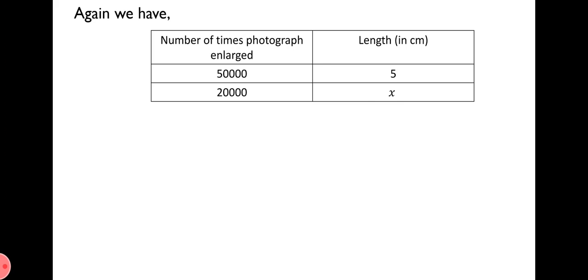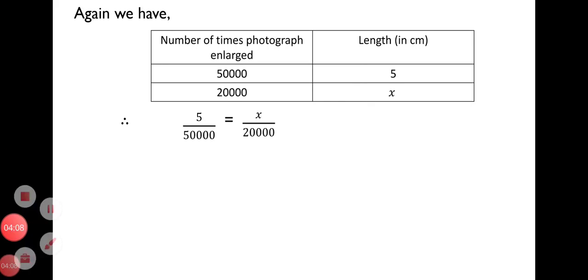When the photograph is enlarged 50,000 times, the length of the bacteria becomes 5 centimeter. So if the photograph is enlarged 20,000 times, what will be the length? That is x. So we write, therefore 5 upon 50,000 equal to x upon 20,000.